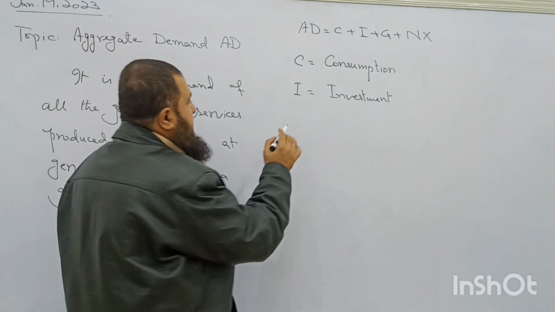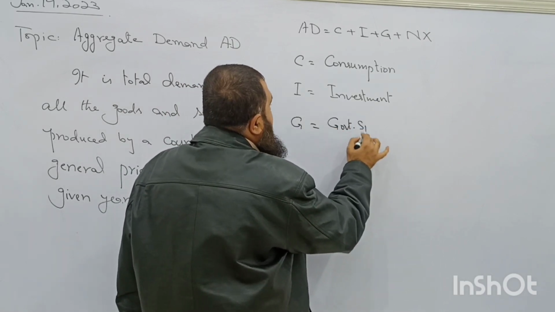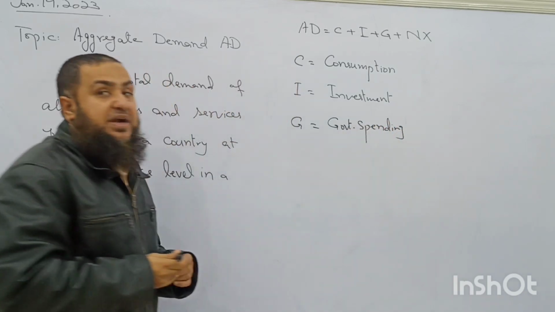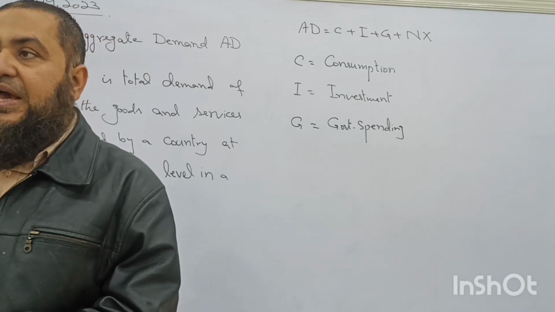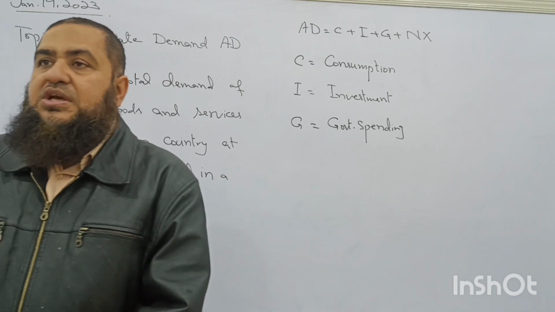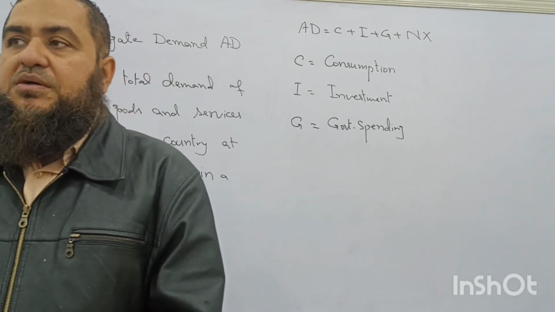Now what is G? G stands for government spending. It is the government spending on development projects, like providing public goods, providing merit goods, and services which will maintain law and order conditions.